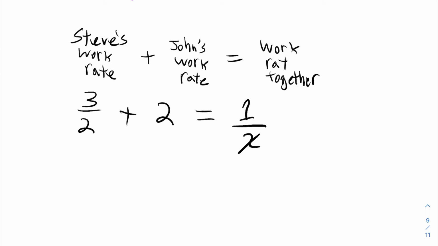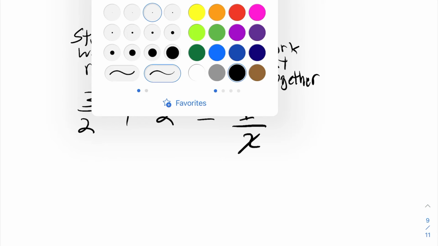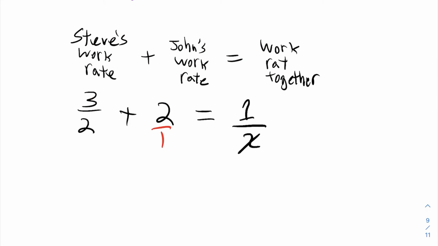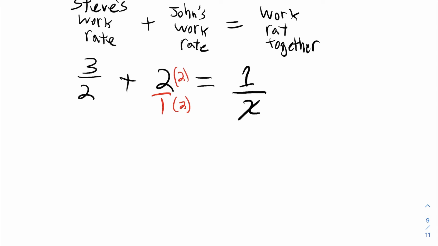It doesn't look like a proportion, but I can add the left hand side. This is 3/2 plus 2/1. You would need a common denominator, which is 2. So you multiply the top and the bottom of this fraction by 2. So this would turn into 3/2 plus 4/2 equals 1/x.